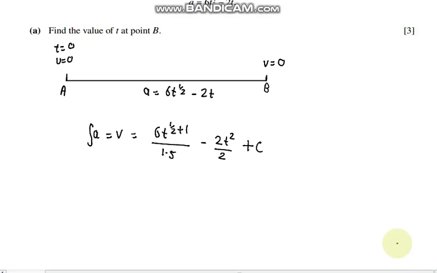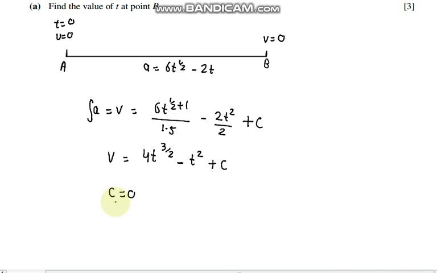So this would become 4t^(3/2) minus t^2 plus c. We are given that at time t equals 0 the velocity is 0, so c becomes 0, and the expression for velocity becomes v equals 4t^(3/2) minus t^2.